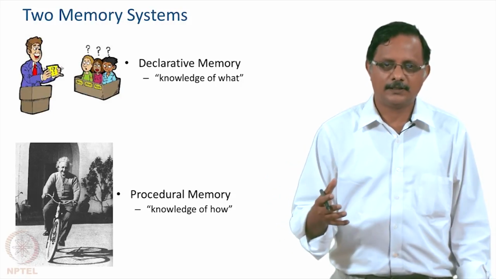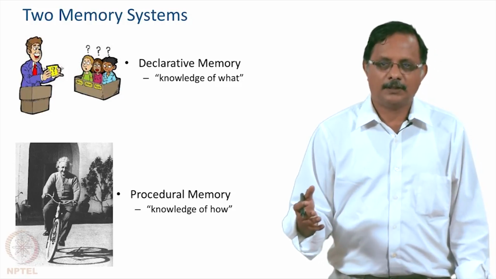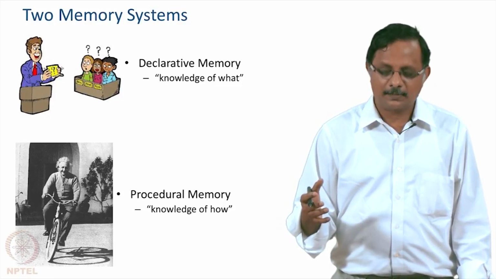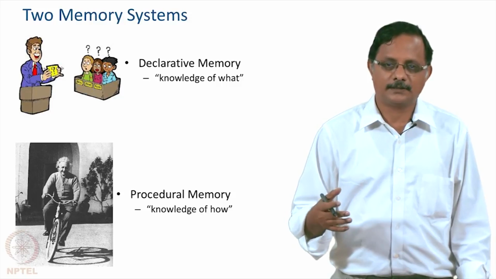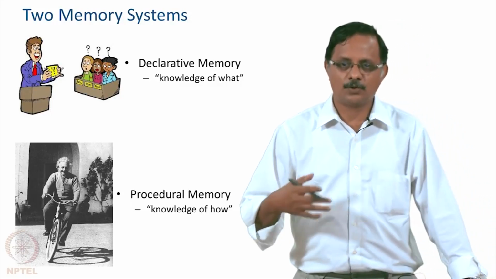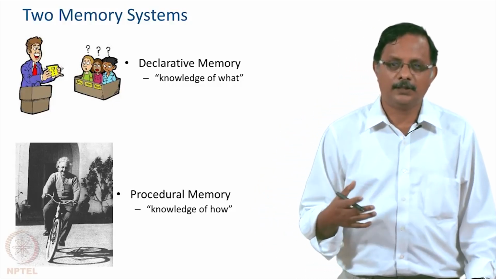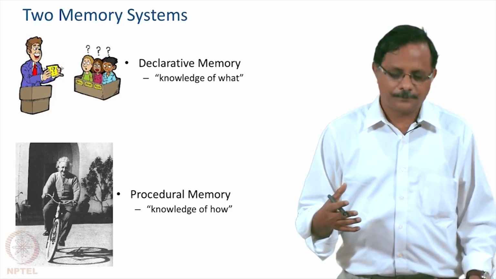These are factual information. The other kind is procedural memory. This is described as knowledge of how, or the memory of motor skills. For example, riding a bike is something you cannot declare, you just know it, it is in your motor system, you can do it, but it is hard to define it precisely.